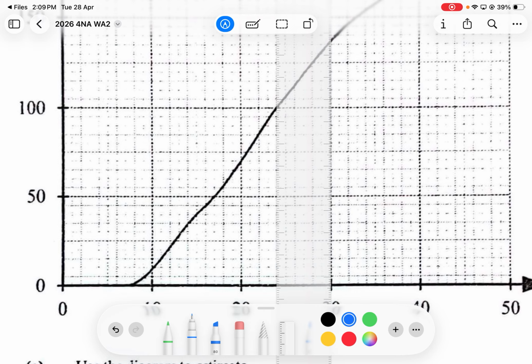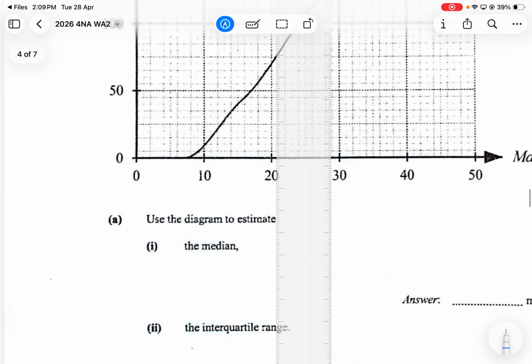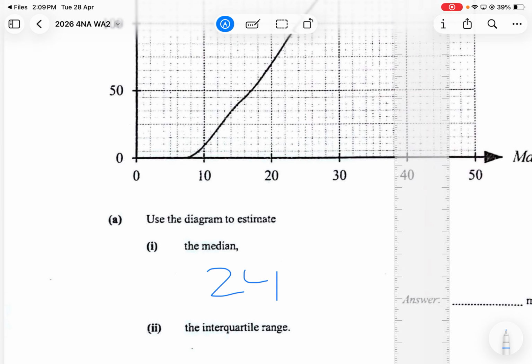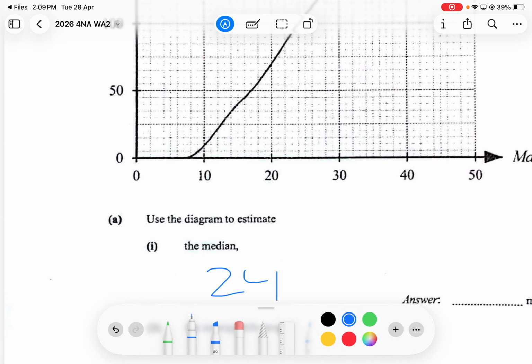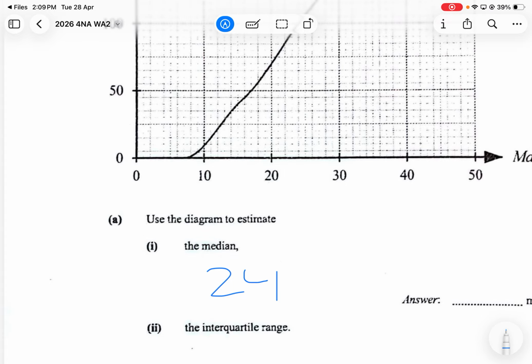You can see 100, come here, reach this ruler, come down, 1, 2, 3, 4 boxes there. Should be 24. Parallax is the angle, not your 24.